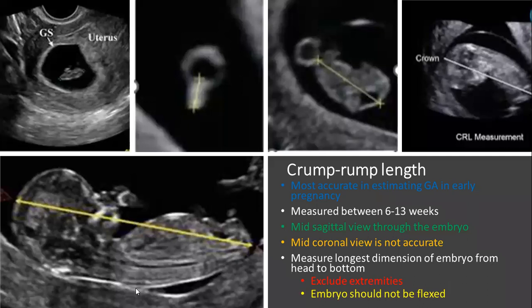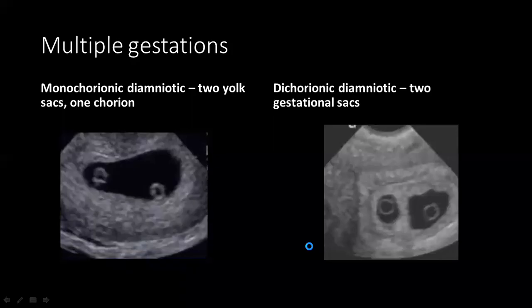We take the longest dimension of the embryo from the head to the bottom, and we should exclude the extremities and make sure also that your embryo is not flexed. So as I said earlier, just practice patience. Give your baby the time to turn and be in a better position, and then take your measurement so that you get the most accurate crown rump length you can.